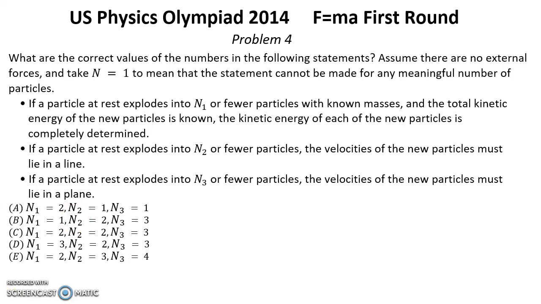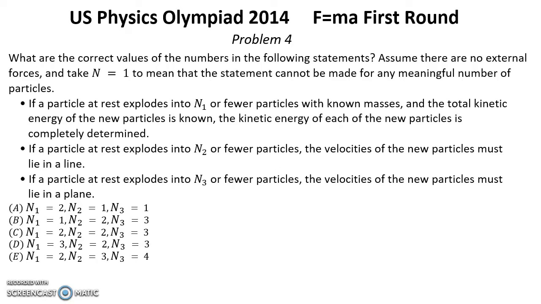Solution. Certainly n2 is at most 2 and n3 is at most 3. It is certainly possible for 3 particles to emerge with non-collinear velocities or 4 to emerge with non-planar ones. Consider, for example, the case where all of the particles have equal mass and they emerge at the corners of a triangle or tetrahedron.